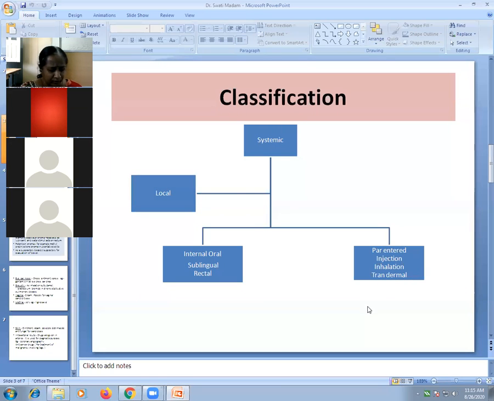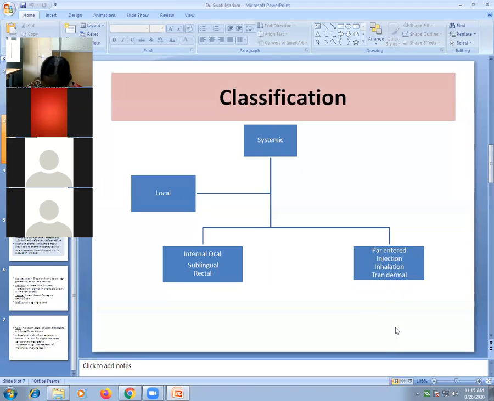Now the transdermal route. In the transdermal route, patches are applied. A hyoscine patch is applied behind the ear in motion sickness; that is the transdermal route.